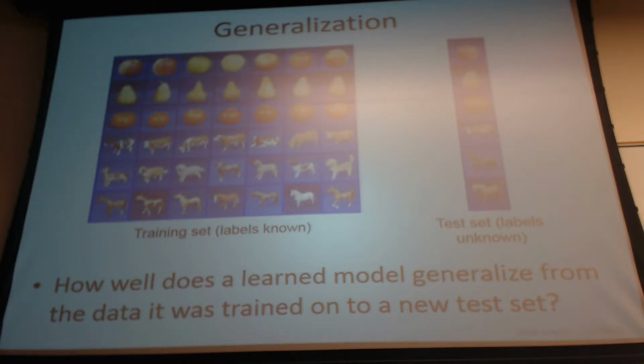Now you give another image which is a cow, but maybe the head is angled in a different way. The machine got confused and said it's not a cow. So out of 101 cow images, the machine was right on 100 cow images and one it couldn't identify as a cow.